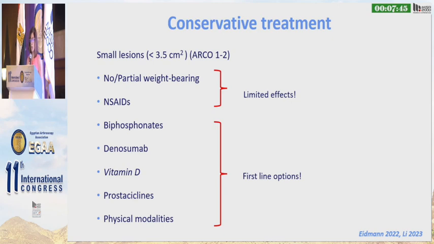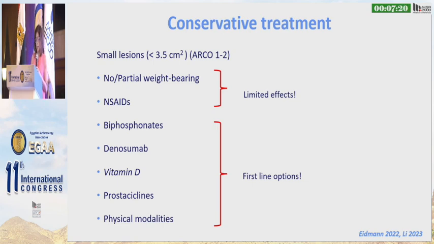But first line options usually are bisphosphonates; denosumab and vitamin D have been explored recently, because if the bone marrow edema is a kind of transient osteoporosis, for sure the cycle of vitamin D is also included in that, and so that could be something that helps in the treatment of this lesion.